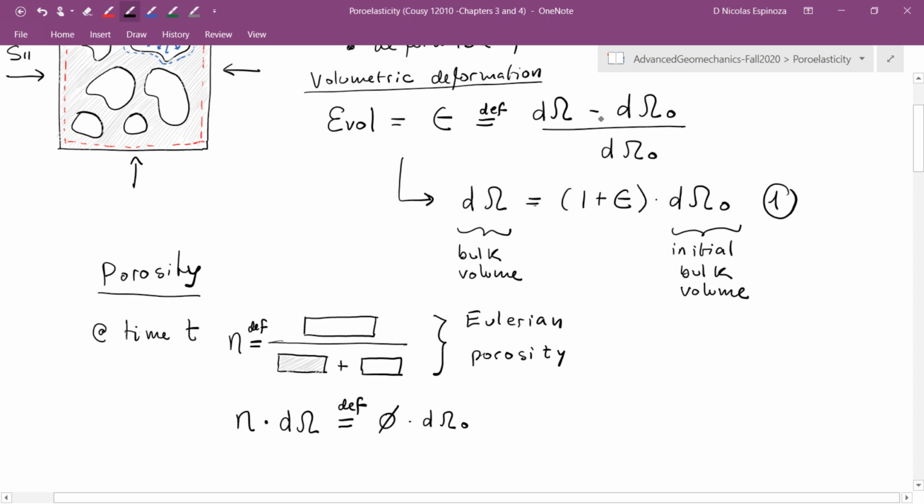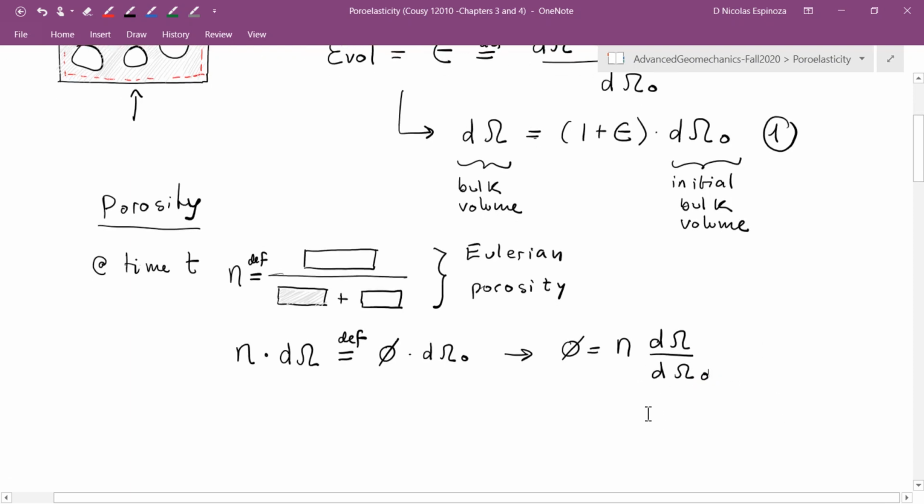All right, so from this equation, I can derive that the Lagrangian porosity is going to be equal to the Eulerian porosity times the ratio of the bulk volumes at the deformed configuration divided by the initial configuration.